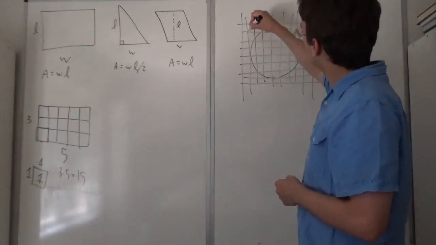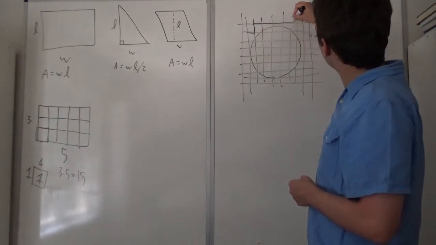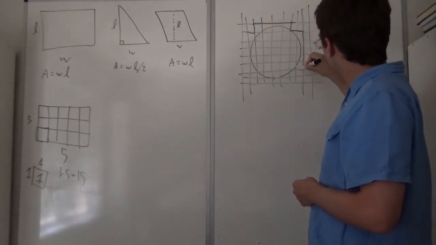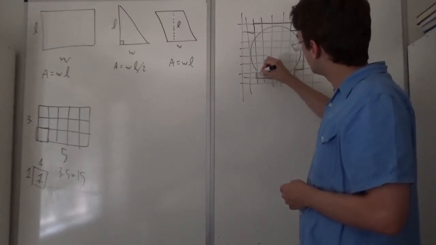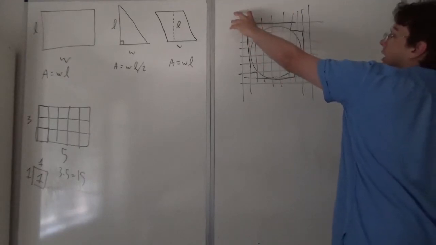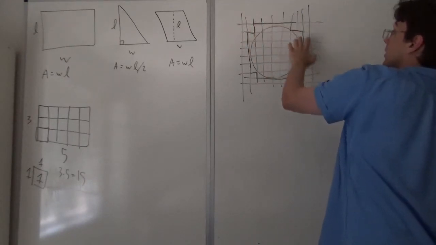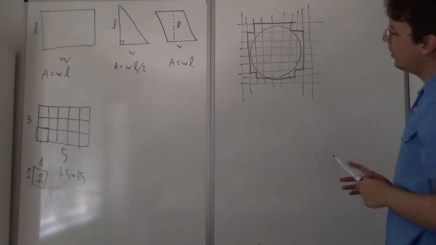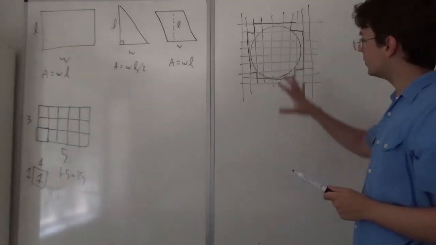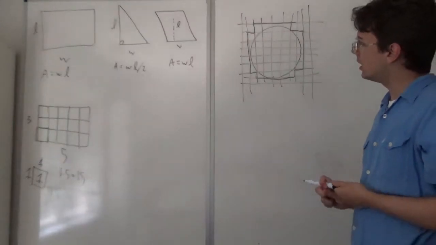So all of these squares are included, but not this one, or that one, or that one, or that one. Well, that's nice because it gives us an estimate of the area of the circle.